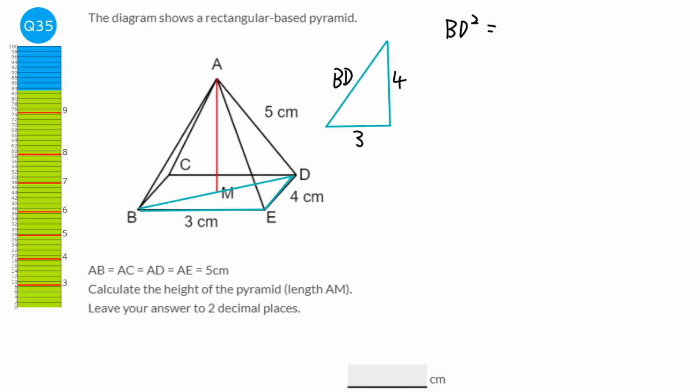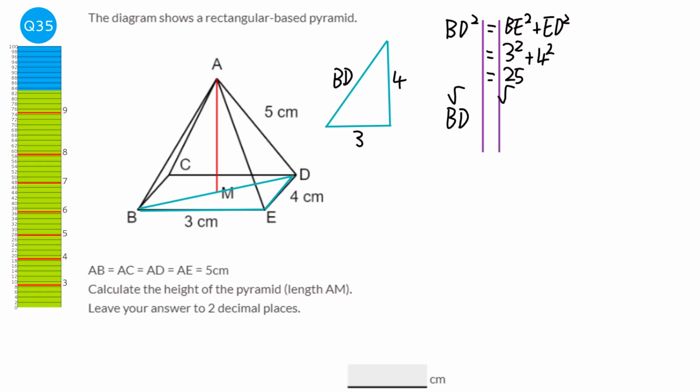BD squared equals BE squared plus ED squared. BE is 3, so it's 3 squared plus 4 squared, which equals 25. Square root both sides, and BD is equal to the square root of 25, which is just 5.